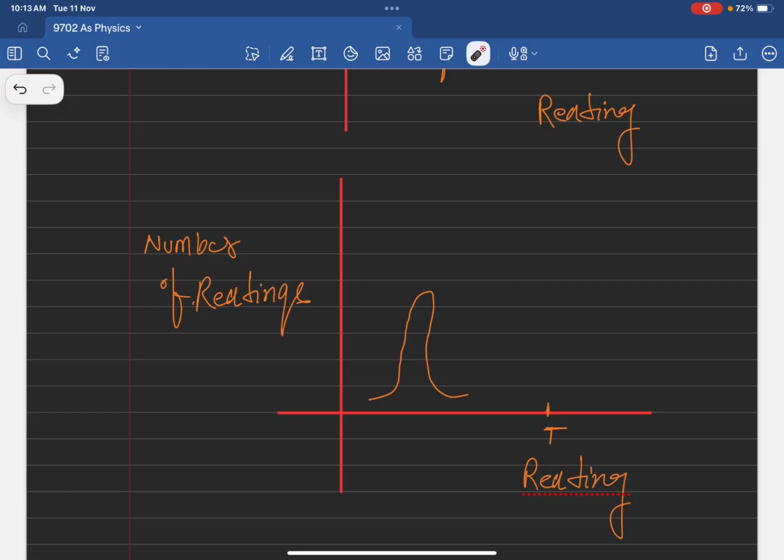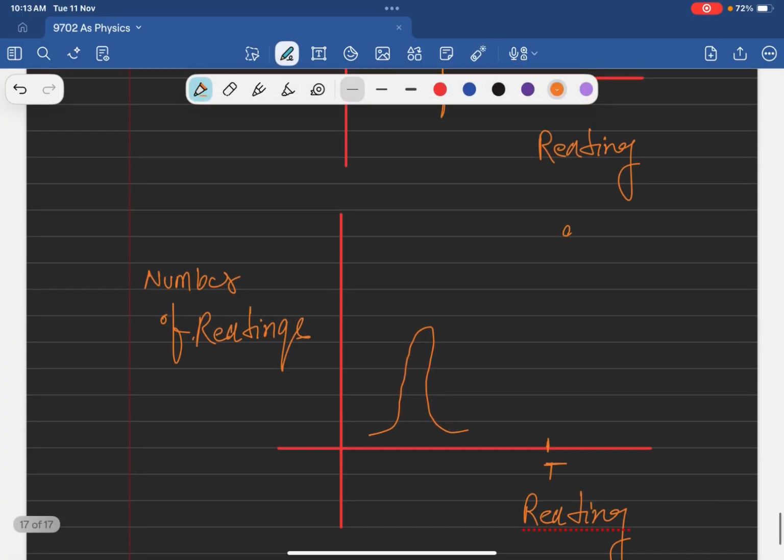Can you guess what is happening in this case? The graph is precise, but the true value is not coming in there. It means it is precise, but not accurate. So it can be precise, but it cannot be accurate.